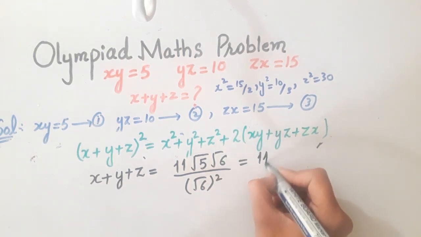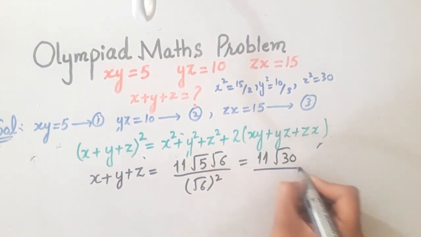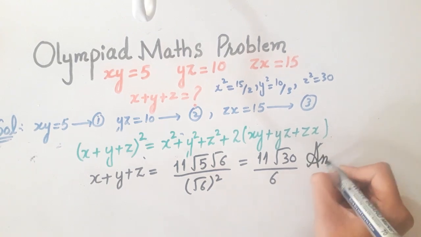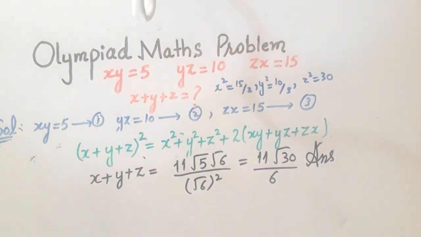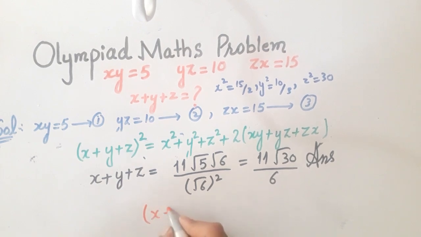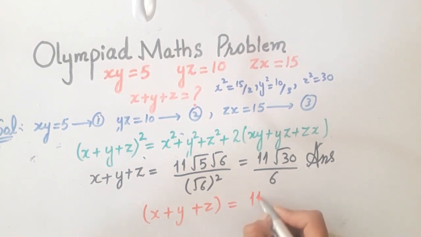So 11 root 30 by 6, this will be the answer. We will write the final answer here, that x plus y plus z equals 11 root 30 by 6.